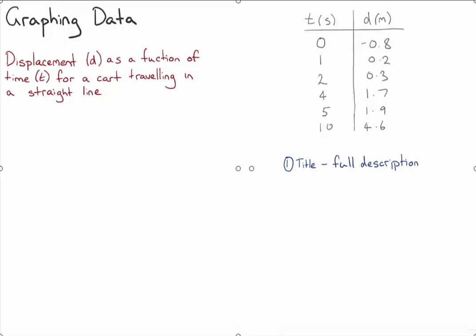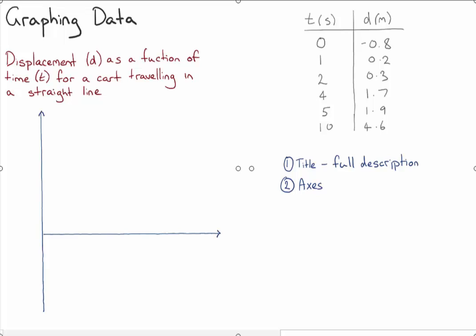Now, in order to actually start graphing up this data, we need to have some axes. And the axes tell us something about what variables we're plotting. So here are our axes. But of course we need to label the axes with the variables and the units.